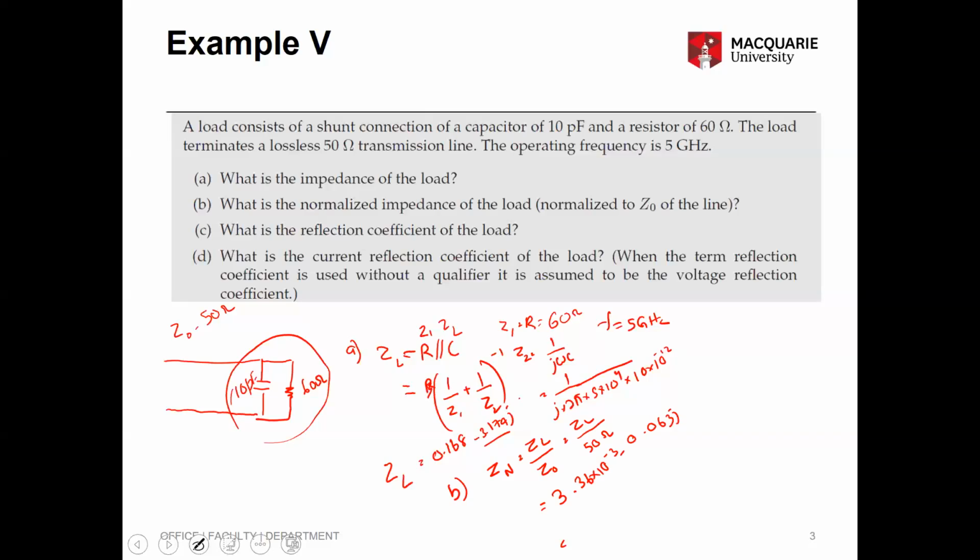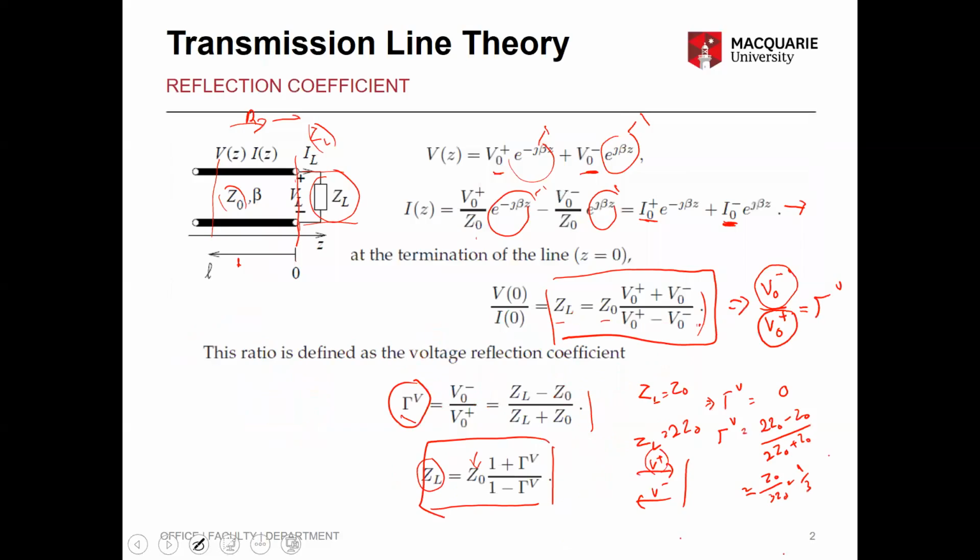So what is the reflection coefficient of the load? You need to find the reflection coefficient. That's part C. When they say reflection coefficient, they didn't say whether it's a voltage reflection coefficient or a current reflection coefficient. There are two reflection coefficients that I forgot to mention in the previous slide. This is the voltage reflection coefficient.